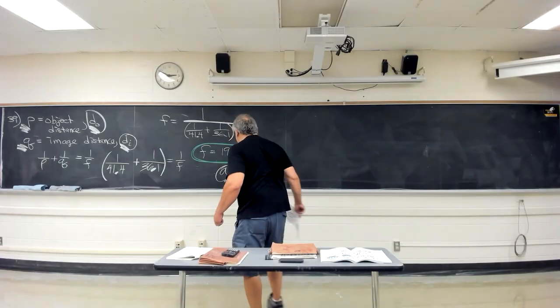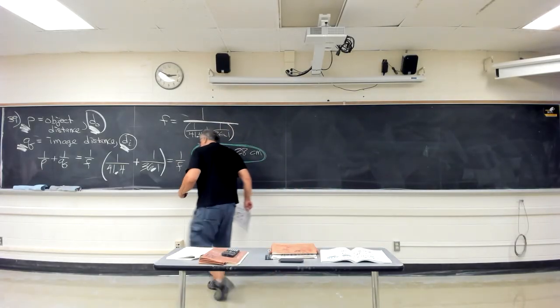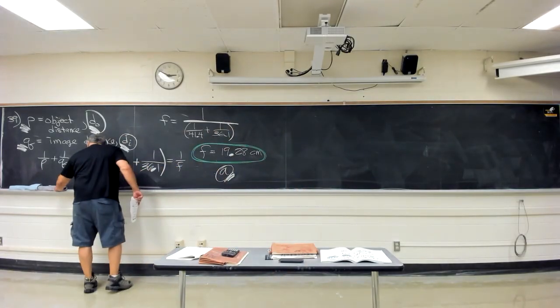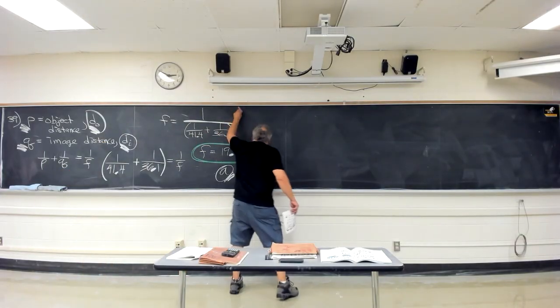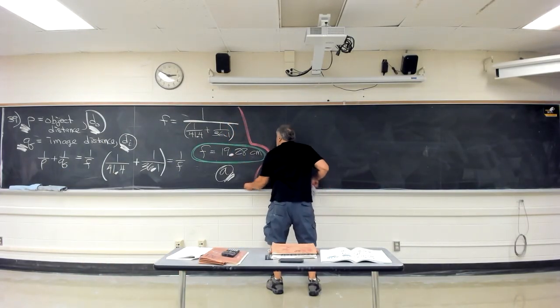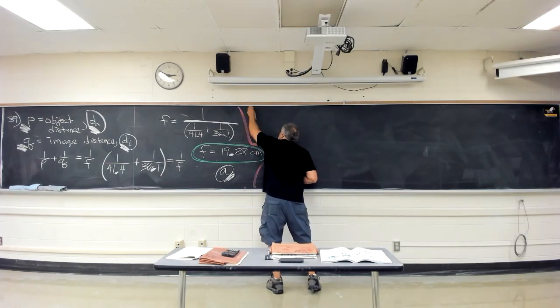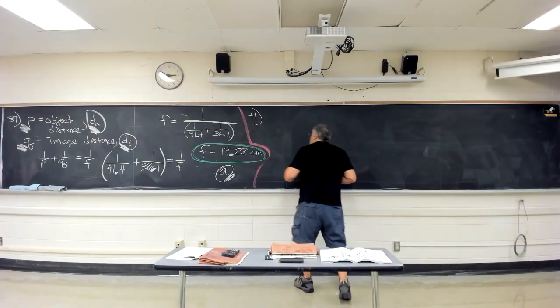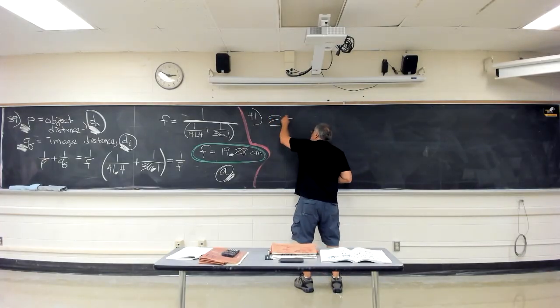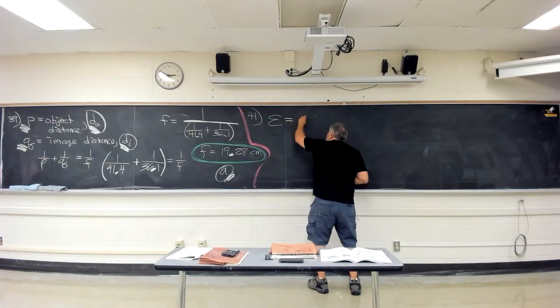Let's take a look at how we want to actually say it. 41, huh? The induced current, again, the negative symbol there is for bookkeeping purposes.